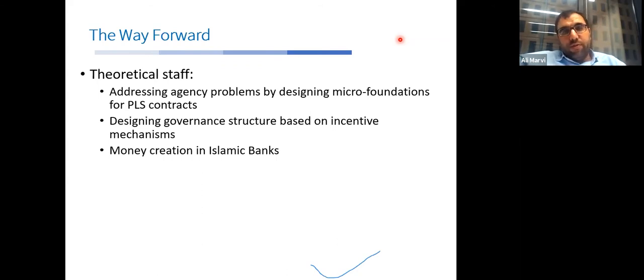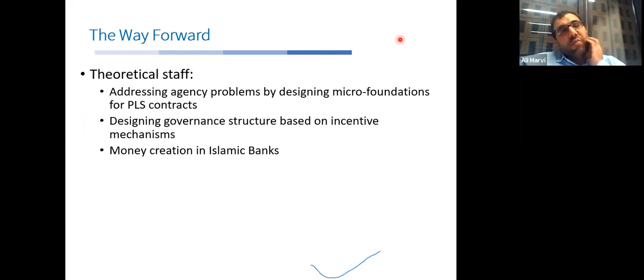And I told you before that there is another issue that is really new and has been mentioned recently by some Islamic scholars: the type of money creation that happens in conventional banking.